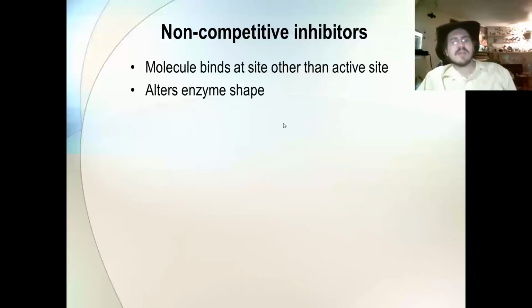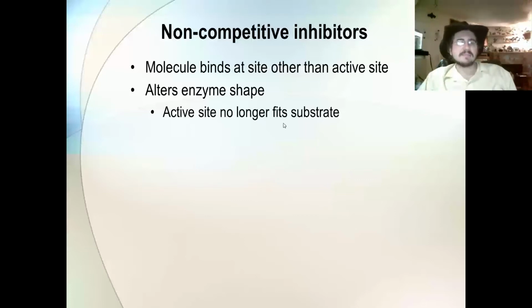So altering the active site's shape prevents the substrate from being able to bind to the enzyme, which prevents the chemical reaction from being catalyzed. So there we go. It prevents enzyme activity.